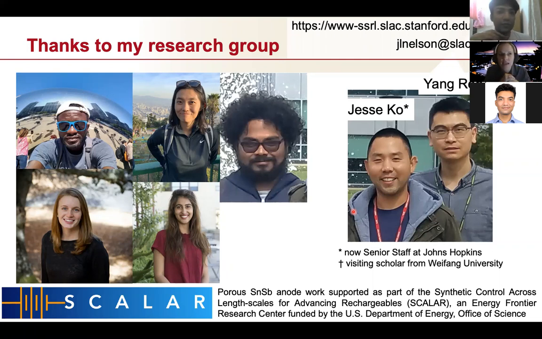I have not personally done this, but I've seen some really beautiful work by a collaborator using micron tomography, so not the nanotomography that I showed, to see if you could see lithium metal on lithium. And you can see that in sort of a contrived cell. We are actually looking at zinc batteries because zinc's a lot easier to see.